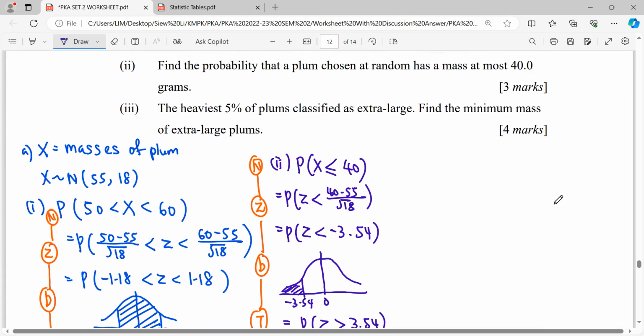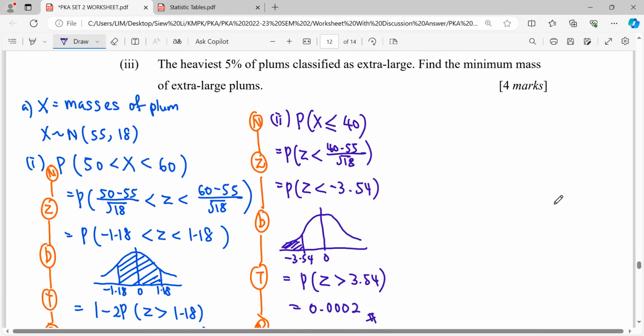Then for question number 3, the heaviest 5% of the plums are classified as extra large. Find the minimum mass for the extra large.